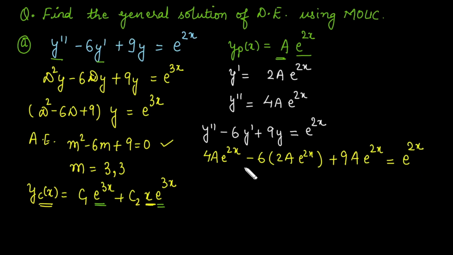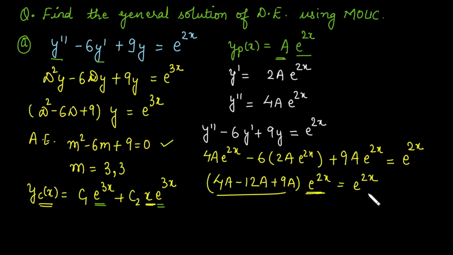Simplify this. If you simplify this, or we can say collect the terms of e raised to power 2x, we have (4a minus 12a plus 9a) into e raised to power 2x is equal to e raised to power 2x. From this side, we have the coefficient of e raised to power 2x as this, and on the right hand side, the coefficient of e raised to power 2x is 1.